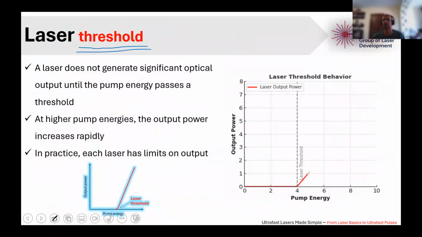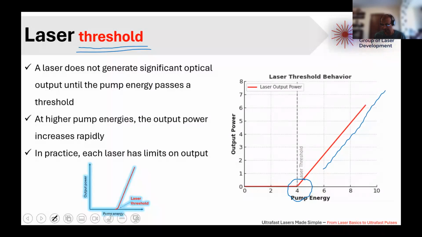No. You can see here in this animated graph, when the pump energy reaches 4, an arbitrary value I'm using here, the output power of the laser abruptly increases.